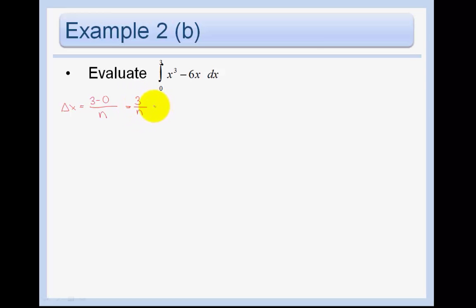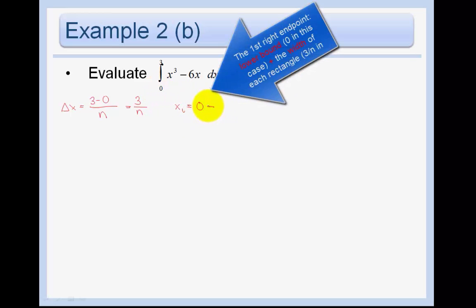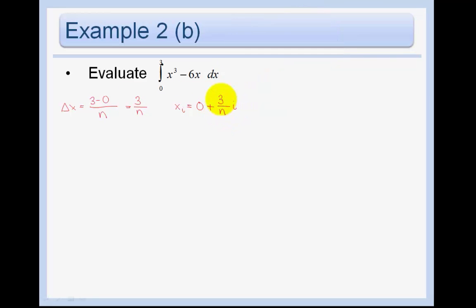Meaning, if I'm using right endpoints, then the first right endpoint that I choose is going to be 0 plus whatever the width is. The first one would just be 0 plus 3 over n.